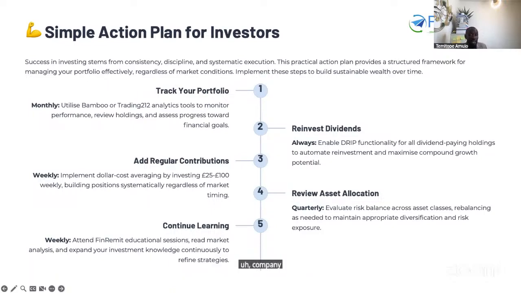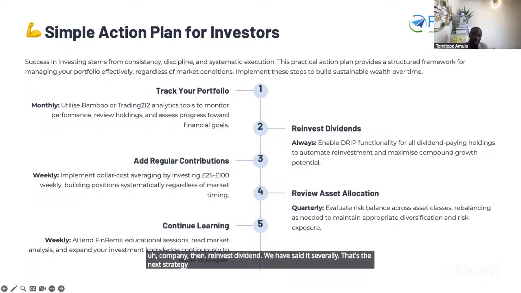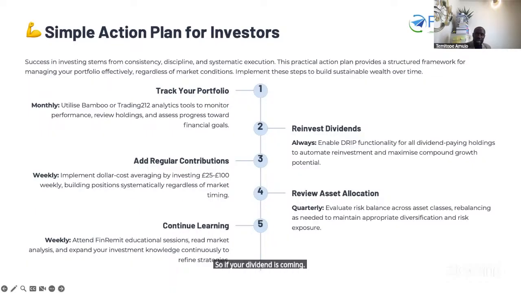Then reinvest dividends. We have said it severally. That's the next strategy, because that keeps guiding you. So if your dividend is coming, let it buy another share. That share is at a different price, and it makes your average capital, average equity, to be balanced. It's not just that you bought the shares at £50 per share and that is all. So if it's going up, you make money.